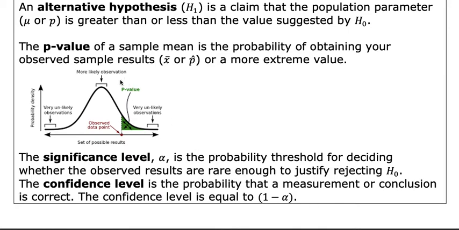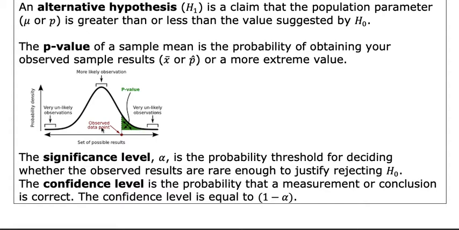So, think about it this way. If our significance level is 5%, let's just say that we had this region here to the right, 5% here, 95% is to the left-hand side. If our p-value is beyond this significance level, so it's over to the right of what we are considering to be perhaps 5% for alpha, the significance level, then we would say that that's a significantly rare result.